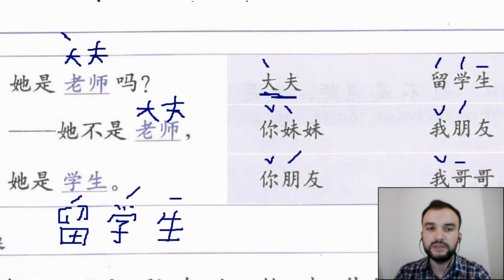But you should write all the sentences. For example, I just write these words, but you should write 她是大夫吗? 她不是大夫. 她是留学生. You should write it like this.